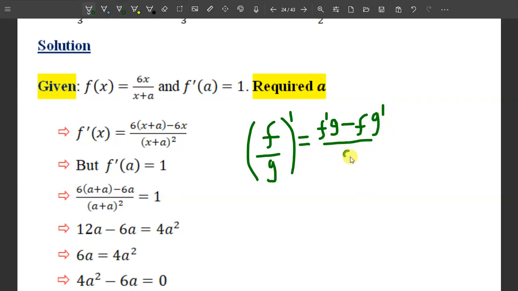This is known as the quotient rule of derivative. That was what we have seen.